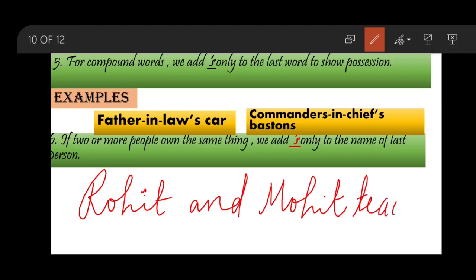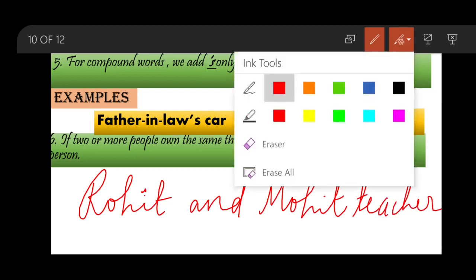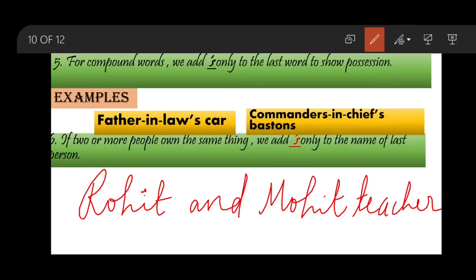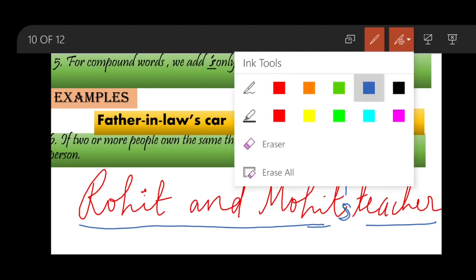Suppose this is my example. So here, in order to show the possession, if these two fellows own a single or same thing, then we are going to add the apostrophe to the name of the last person. So how does it become? Rohit and Mohit's teacher. So the possessive noun here becomes Rohit and Mohit's teacher. I hope you all got it.